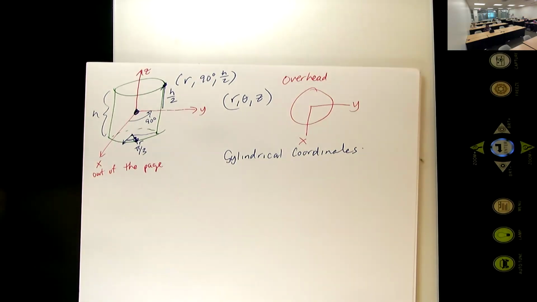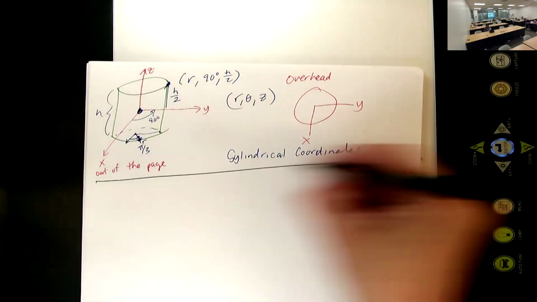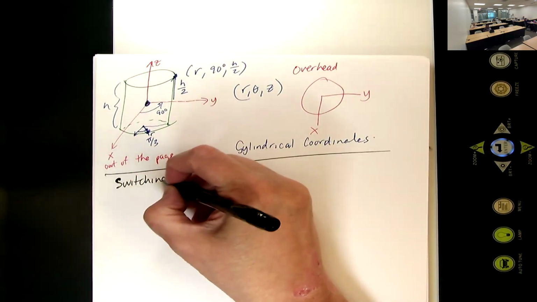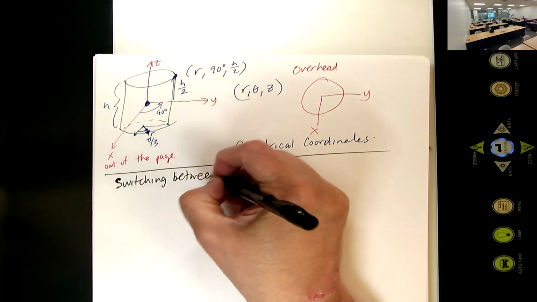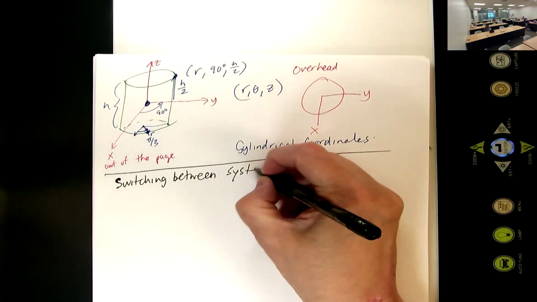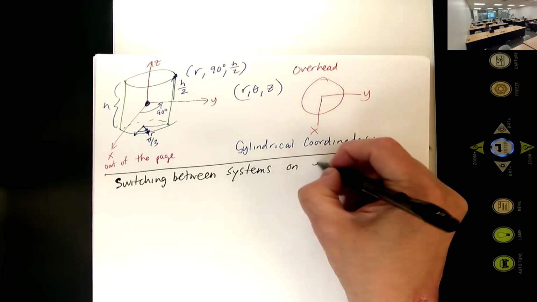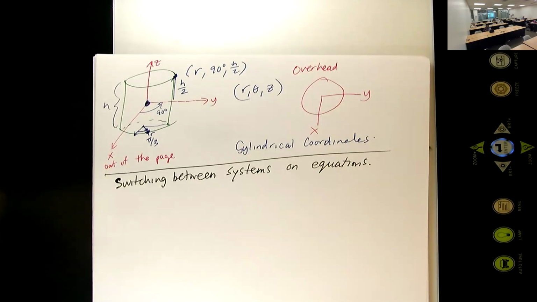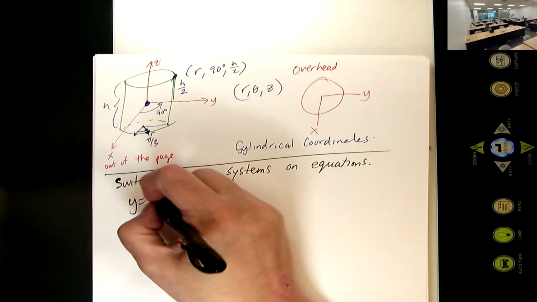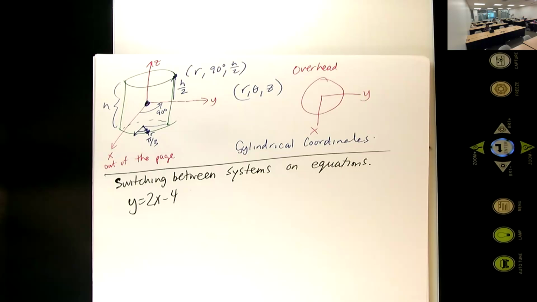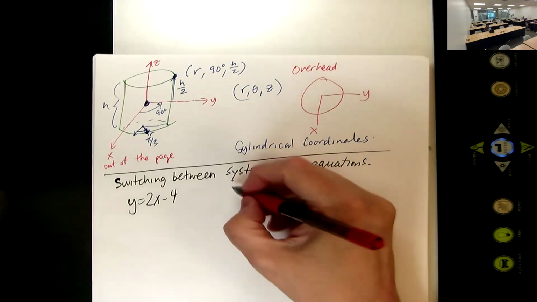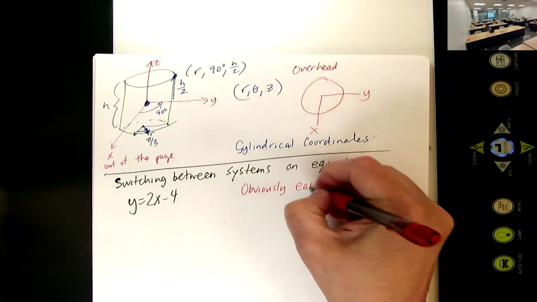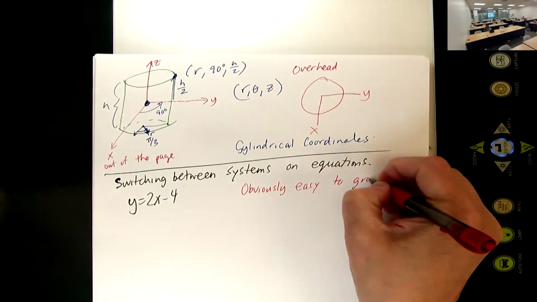Until then, let's take a look at switching between systems on equations. Let's say I have y equals 2x minus 4. Obviously easy to graph in rectangular.